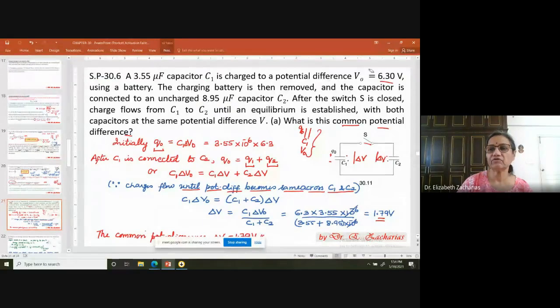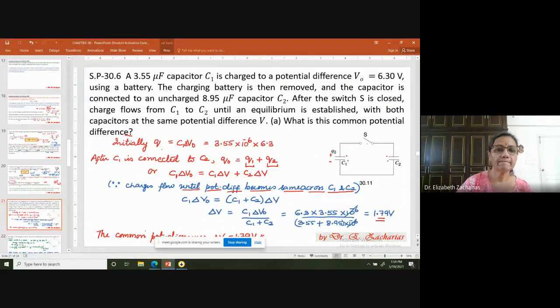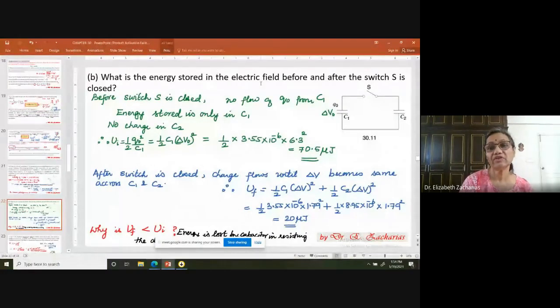Let's see the second part of the problem. What is the energy stored in the electric field before and after the switch is closed?